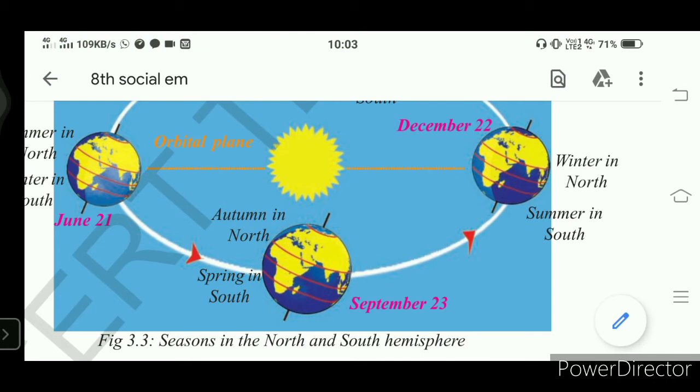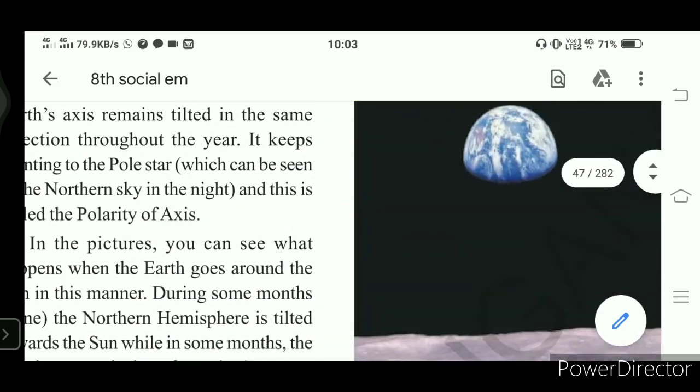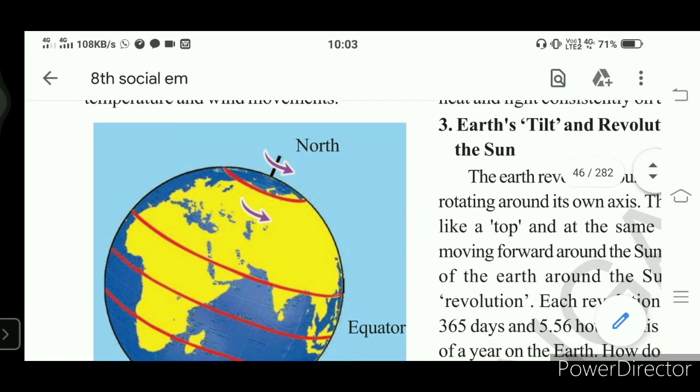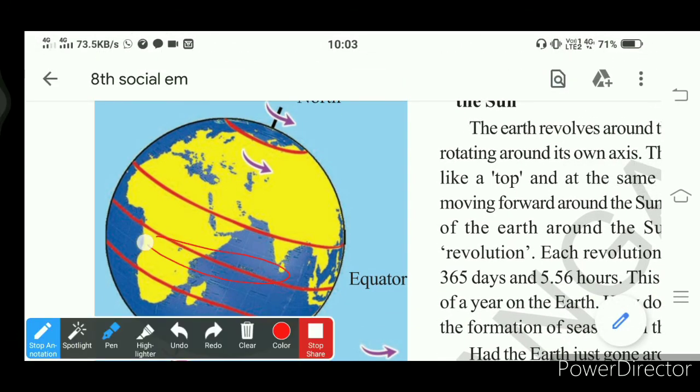Understand? As we move further north or south, dear students, there is what is called the temperate belt. Here you can see the equatorial area. It is a tropical belt, as the sun shines directly on it.